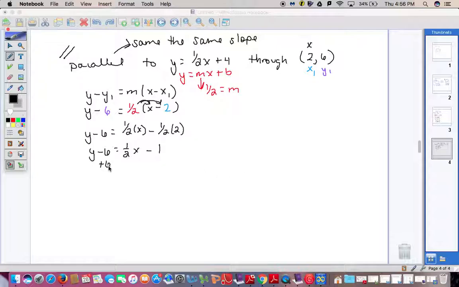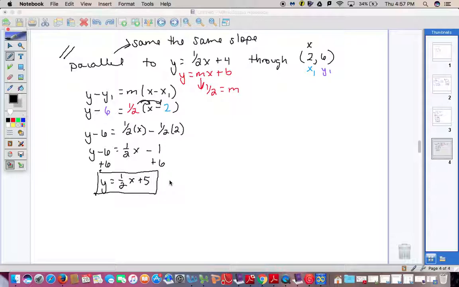I then have to add 6 to each side, so I have y equals 1/2 x plus 5. So my equation of a line that is parallel to y equals 1/2 x plus 4 that goes through the ordered pair of 2, 6 is y equals 1/2 x plus 5.